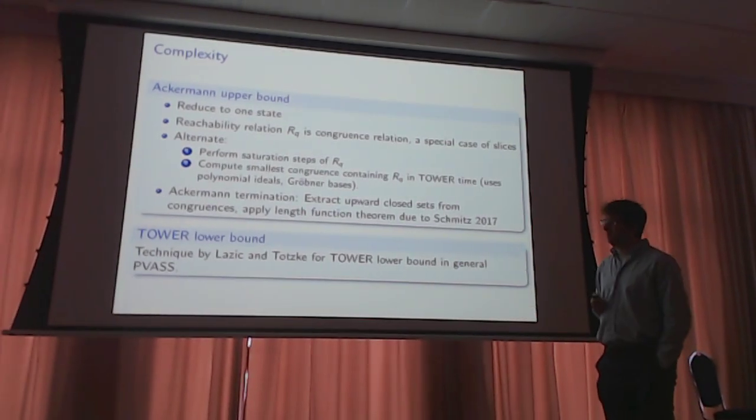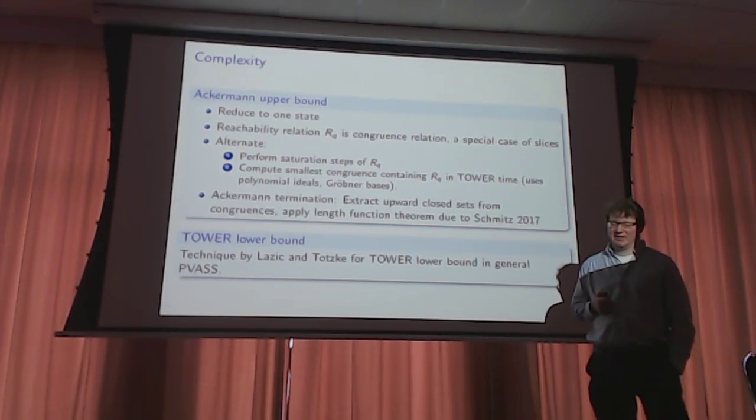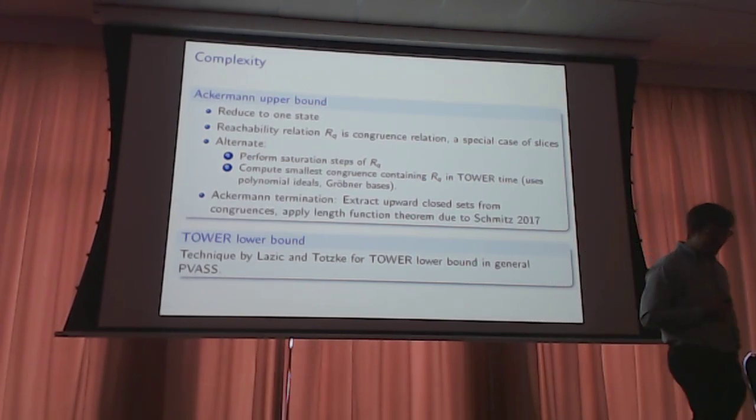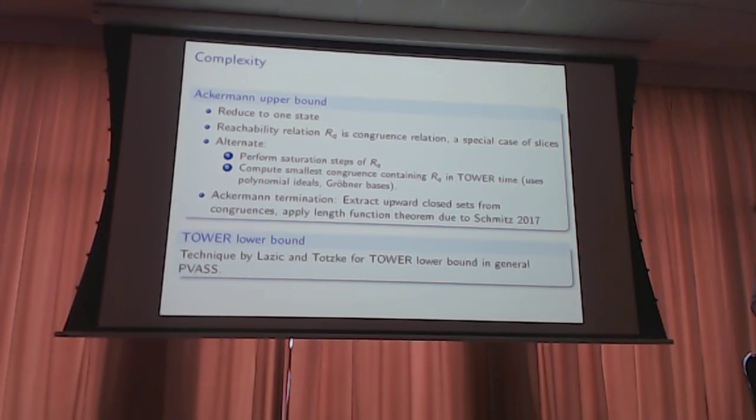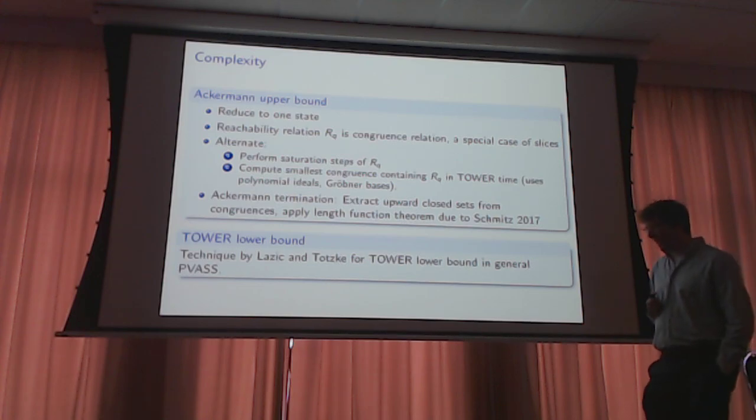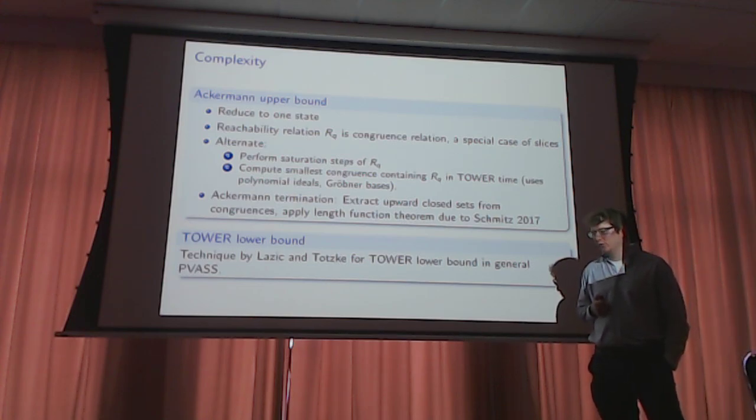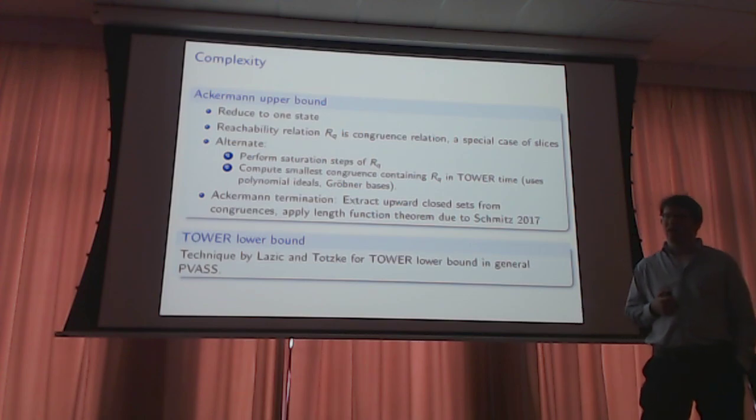What's your conjecture? Is it Tower complete? Ackermann complete? I don't know. Until this morning, I would have said it can't be Ackermann. But then people told me that mutual reachability is already as hard as general reachability, so it is Ackermann hard.